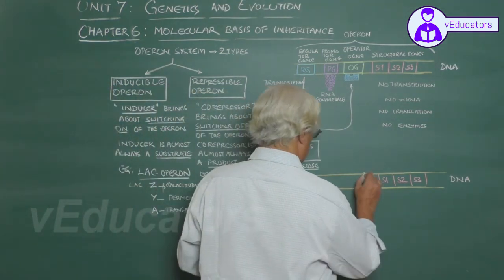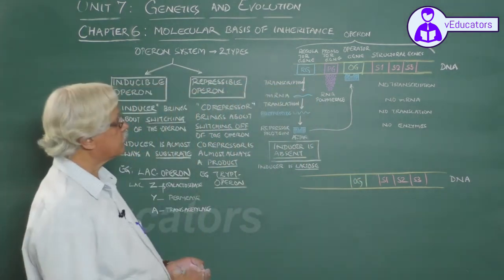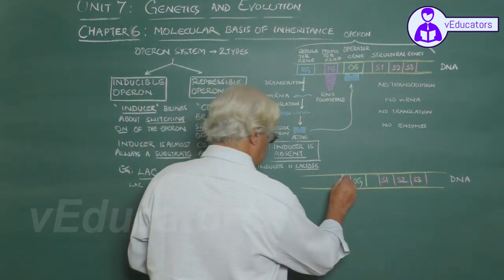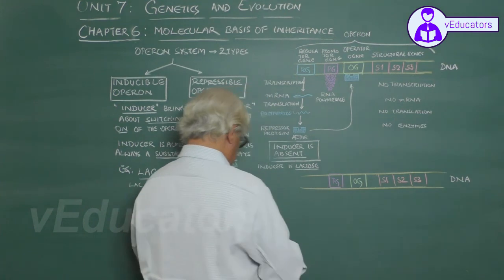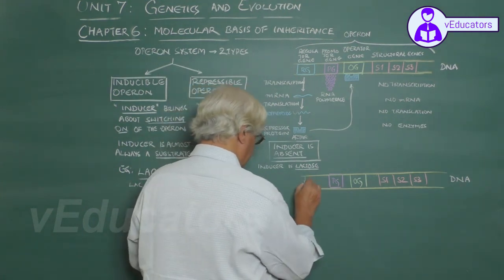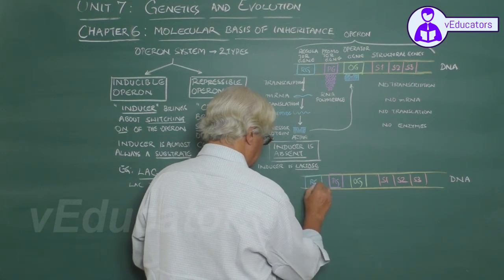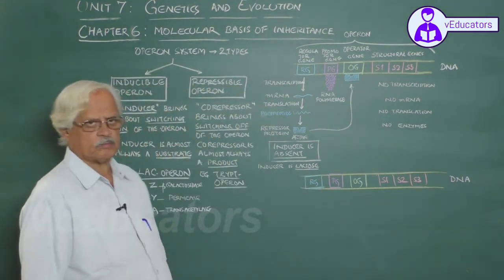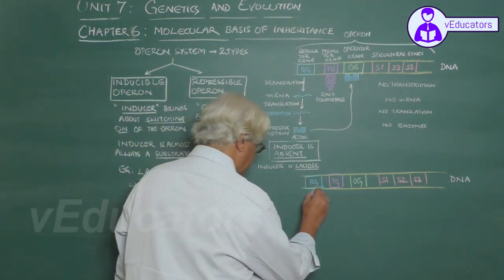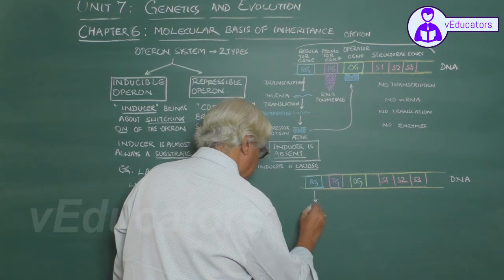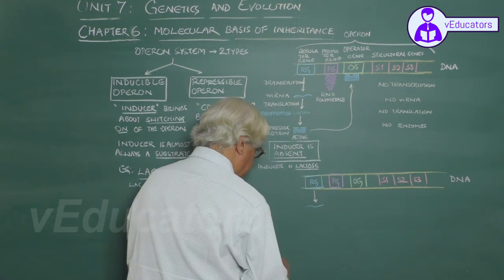This is the operator gene. This is the promoter gene. This is the regulator gene. Regulator gene synthesizes mRNA.